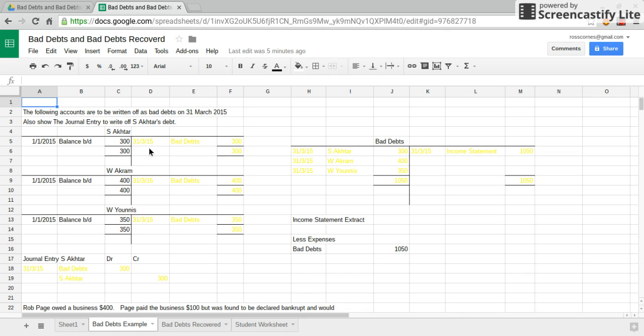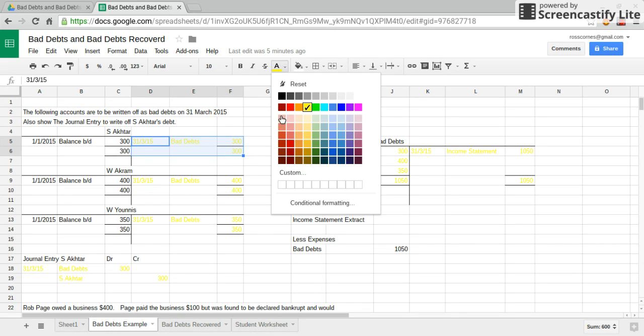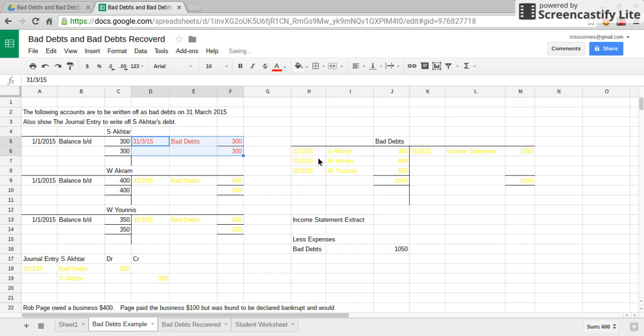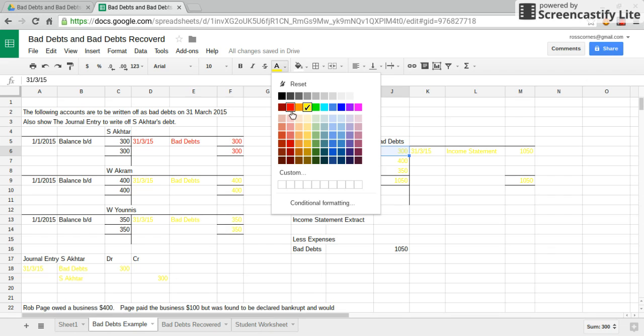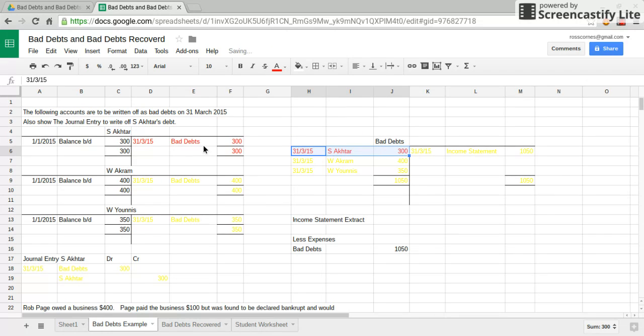So what we need to do, we need to transfer the amount each one owes the business from the individual customer's account into, in turn, something called a bad debt expense account. So Akhtar owed the business 300, we credit his account, we're no longer going to get that money, we debit bad debts. Same with Akram.